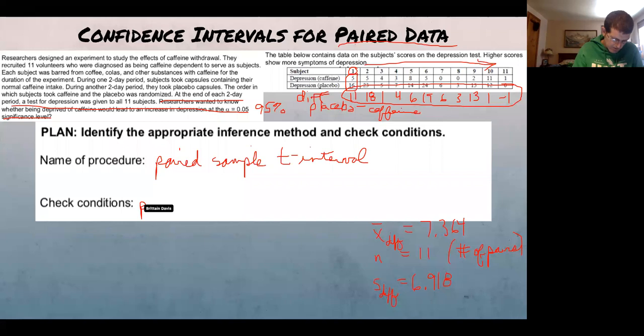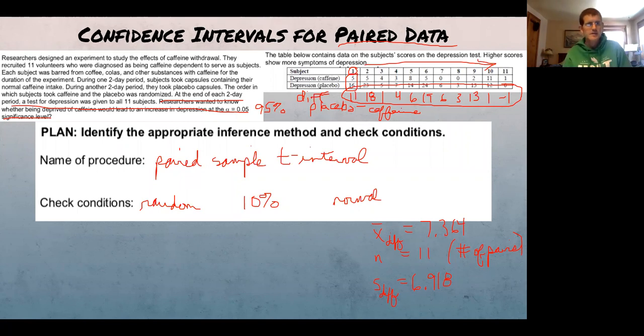We need to make sure that it's random, that the 10% condition is met, and that it's normal. So random, is it random? It looks like there was randomness in how they assign things. The idea is that we want this to be representative. There were some volunteers.